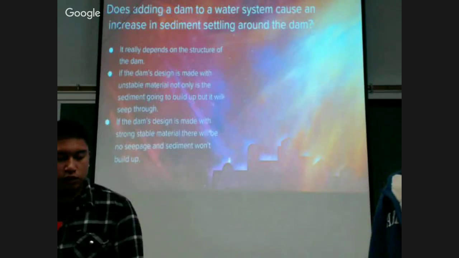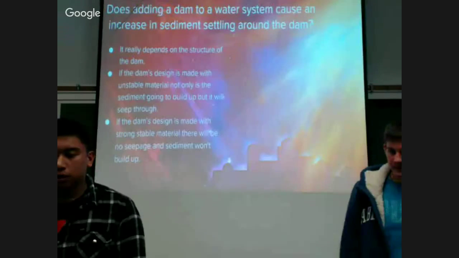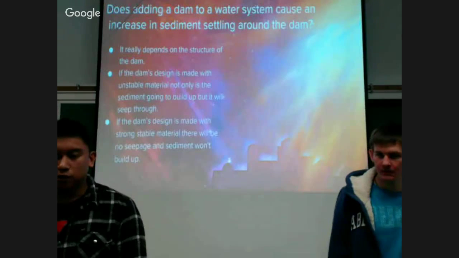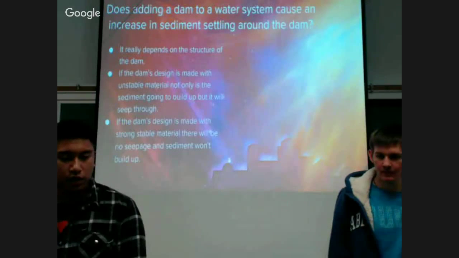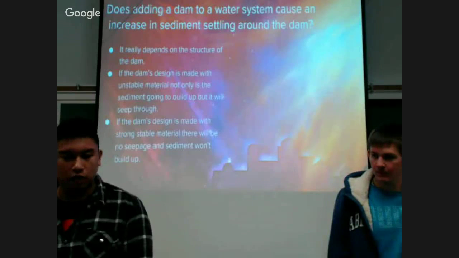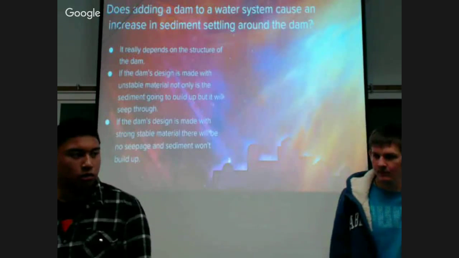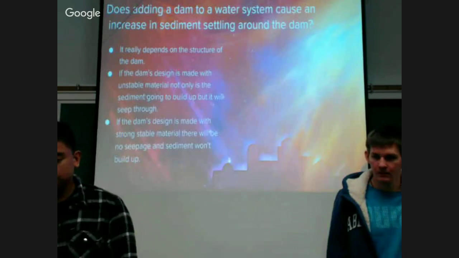If the material is very weak, not only is sediment going to flow through, but it's going to build up a lot around the dam itself. But if the structure is very stable and sturdy, it won't let any sediment seep through, or it won't build up any sediment at all.